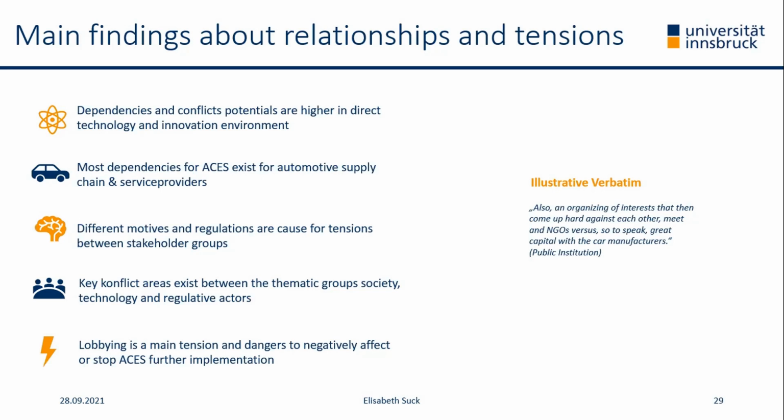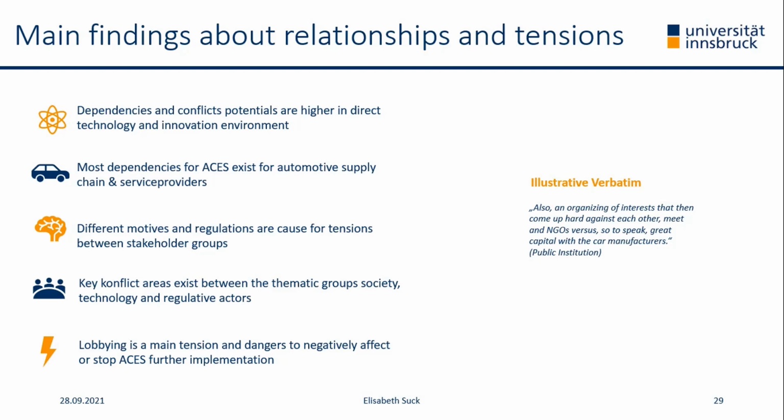As you just saw, the technology producing actors and the infrastructural actors are always affected by the highest dependency and conflict potentials. More concretely, the most dependencies for ACES exist for the automotive supply chain and the service providers. That means how they develop ACES and how they interact.